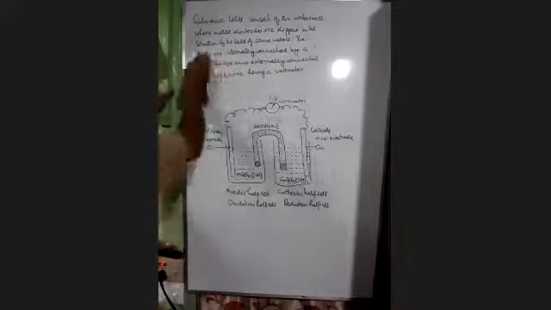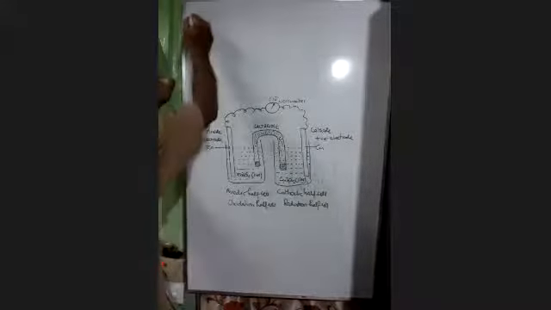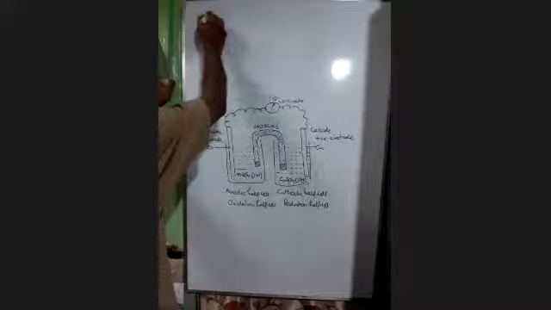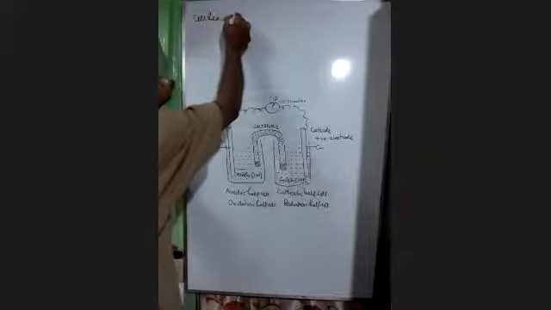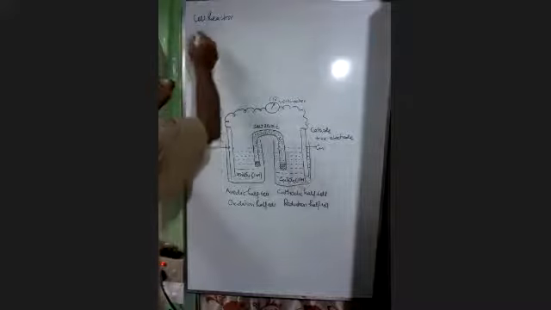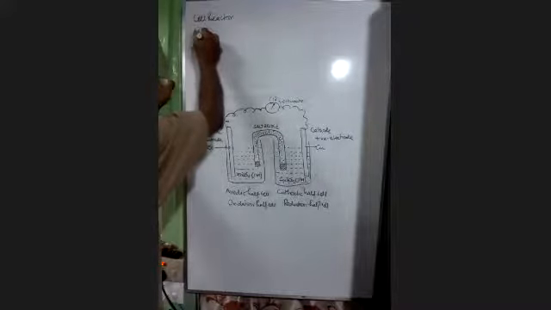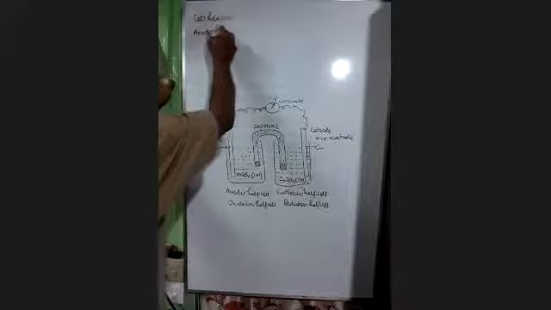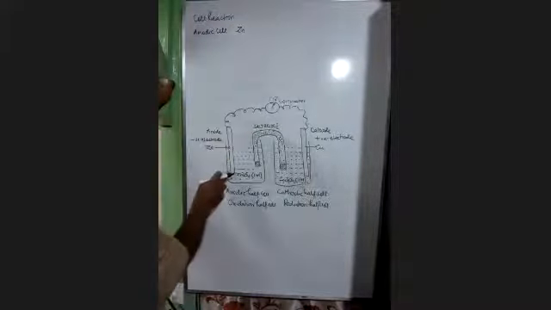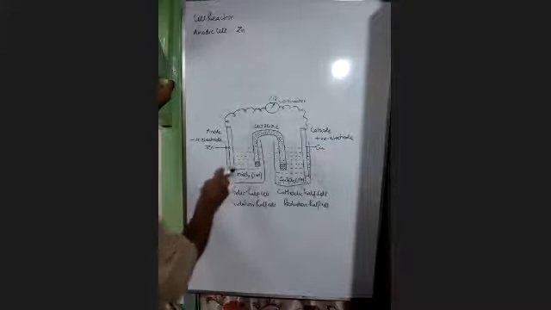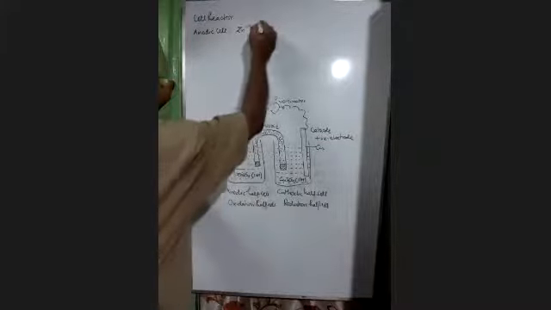We'll see the cell reaction. Okay. Now we'll do it in the anodic cell. What happens in the anodic cell? See, this zinc rod is there. From there, zinc loses electrons.